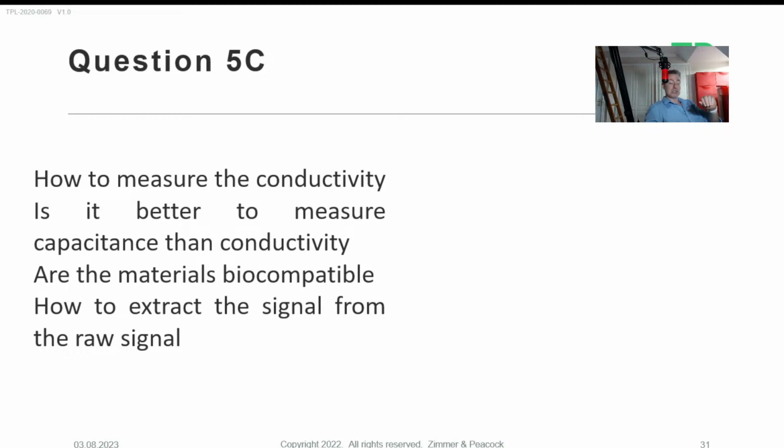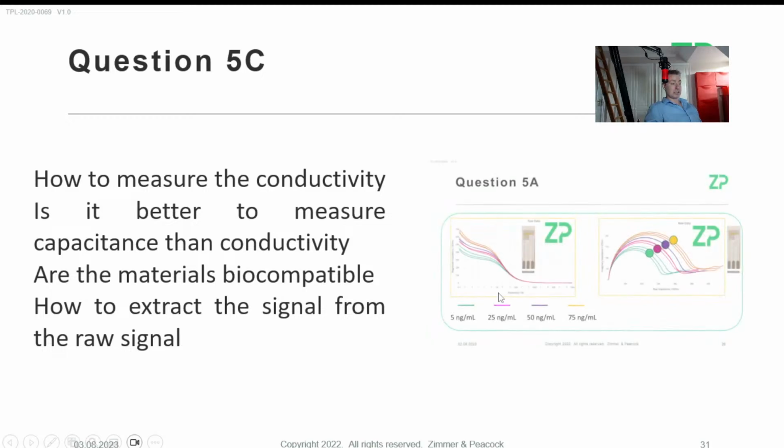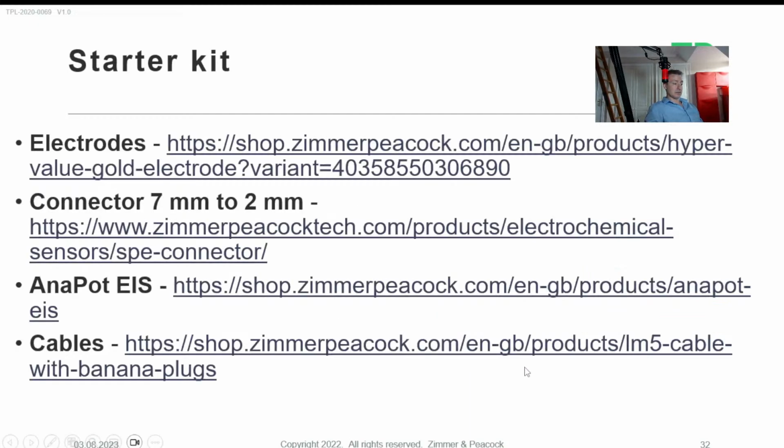But at this stage, don't ask whether it's better to use conductivity or capacitance, because both parts of that signal are in the raw data. You don't need to ask the question, you need to get the experiments done, because then you can determine that for yourself. By the way, we do use both, depending on which gives us the strongest signal.